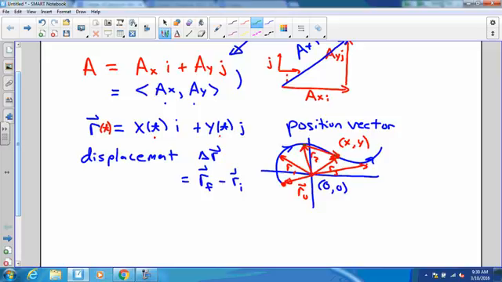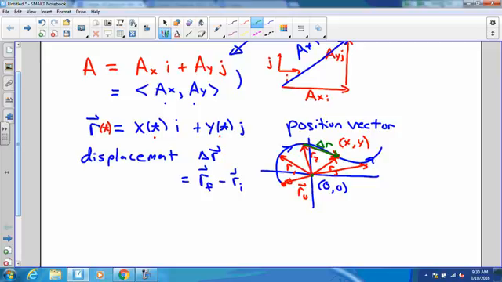It is the vector that takes me from the initial to the final. And remember that vector subtraction is carried out by placing the vectors tail to tail and connecting, and all of my position vectors automatically have their tails at the origin. So that's very convenient. Here comes my delta R.